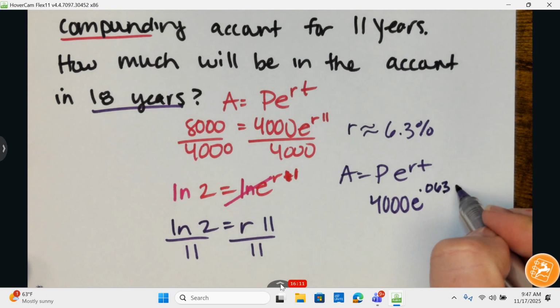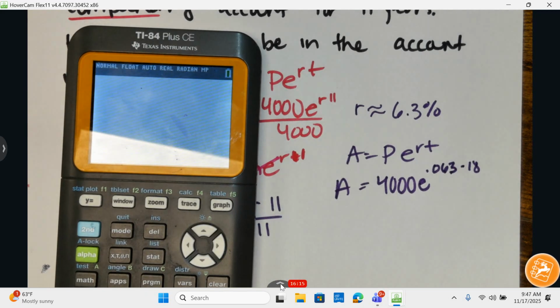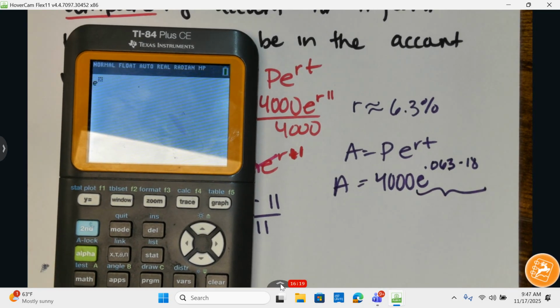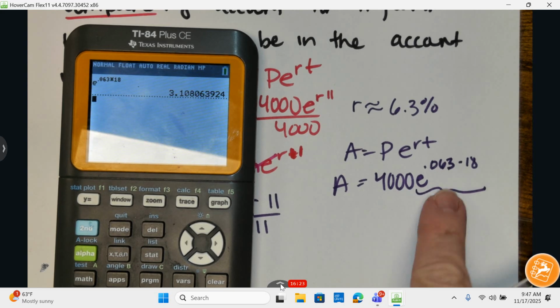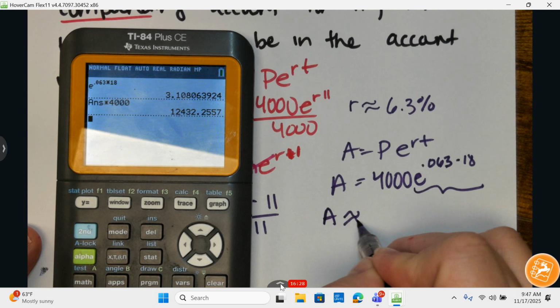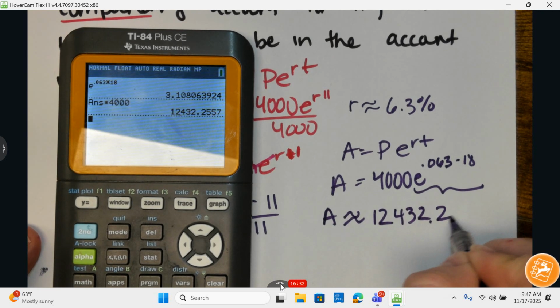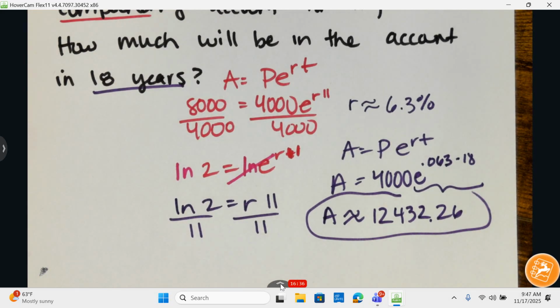We're going to leave it in for 18 years, and let's figure out what this outcome is. So I'm going to do this portion first: e raised to the 0.063 times 18. Now I'm going to multiply it times the 4,000, and we could say the outcome would be approximately $12,432.26. At this time, please complete problem number 6 from the homework and check for accuracy.